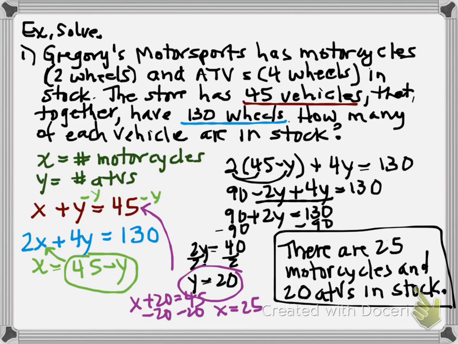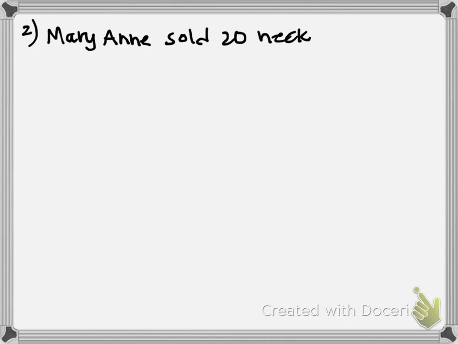This one is on page 243. So this one says, Mary Ann sold 20 necklaces and bracelets at the craft fair.